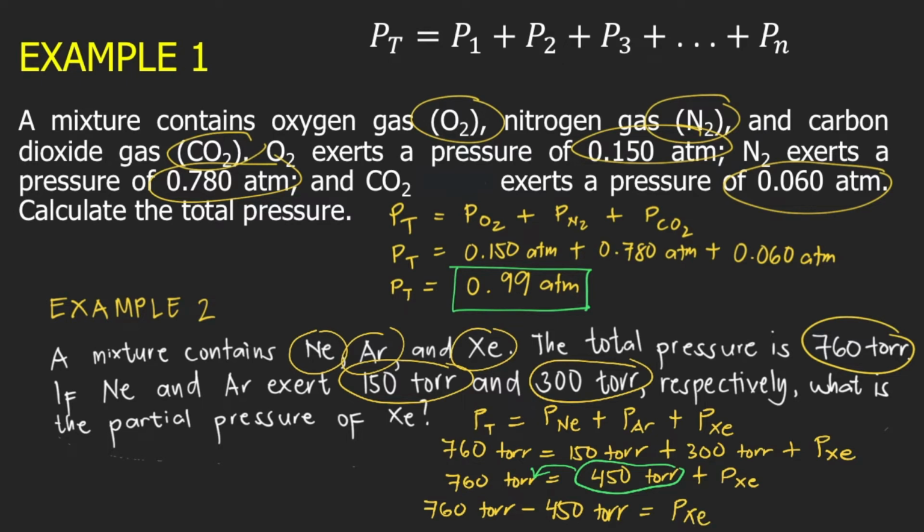And if you solve this in your calculator, 760 minus 450, that is equal to 310 torr. So the partial pressure of xenon is 310 torr. That is the answer to example 2.